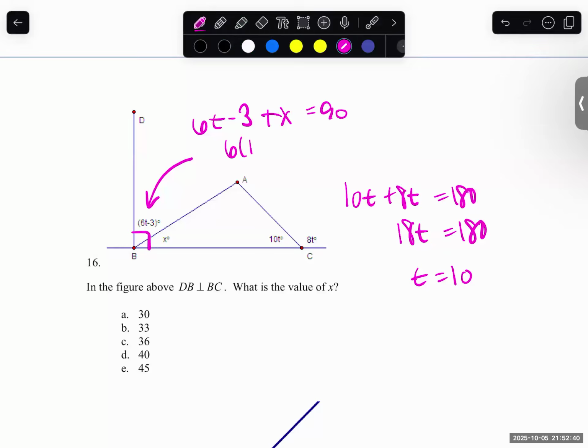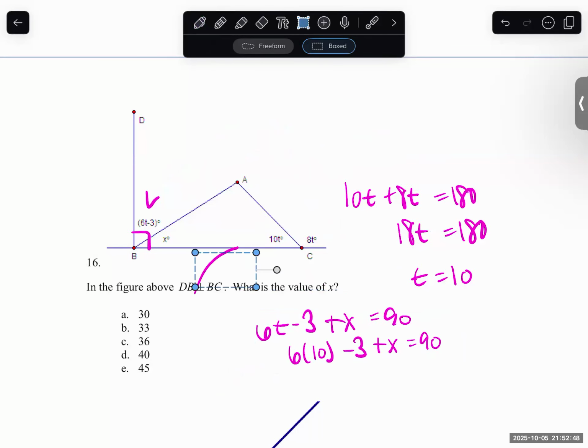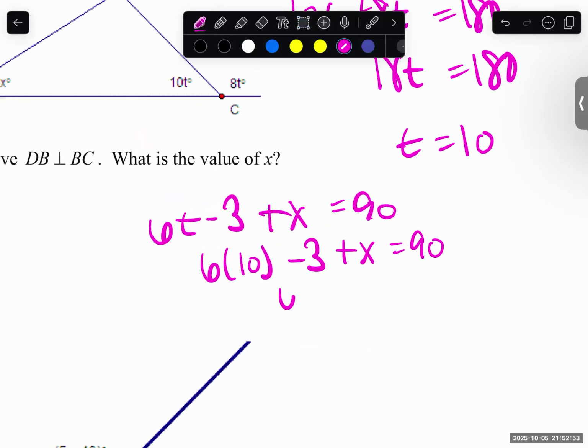So I'll get 6 times 10 minus 3 plus x equals 90. I'm going to move this down here so I can have more space. 60 minus 3 plus x equals 90. 57 plus x equals 90.